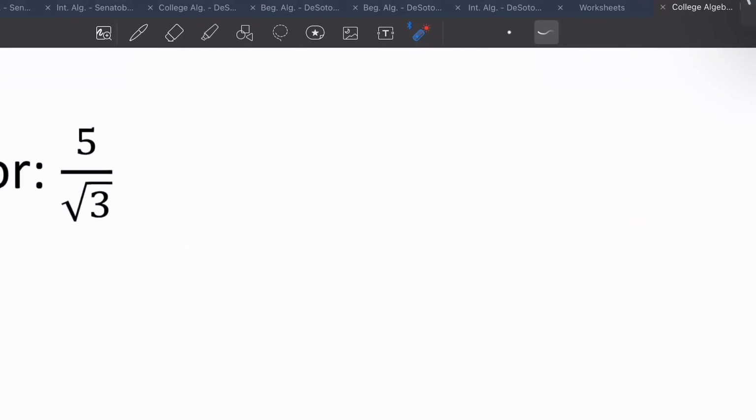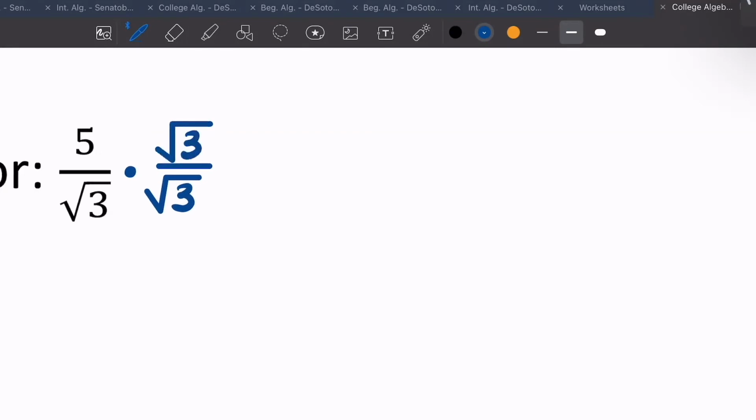So what I'm going to do, if I want to rationalize my denominator, is multiply the bottom and the top by whatever radical I'm given on the bottom. Okay, so I'm multiplying these 2 things together. So I have 5 on the square root of 3.